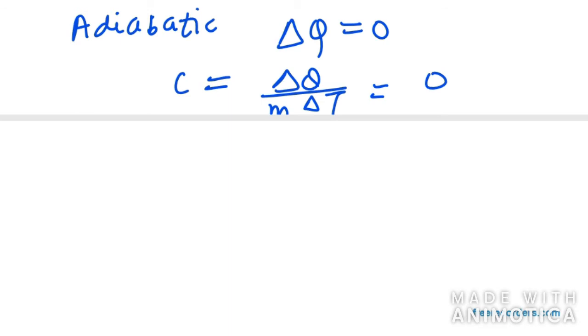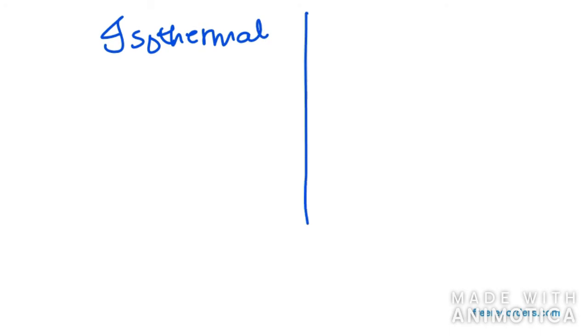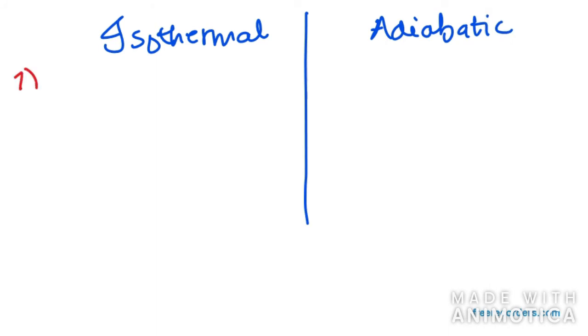Now let us start with the differentiation of adiabatic and isothermal change. So this will be very easy as we have already done the basics. So let's draw the table: isothermal and adiabatic. So in the first, isothermal, the temperature is constant, that is del T equals 0.